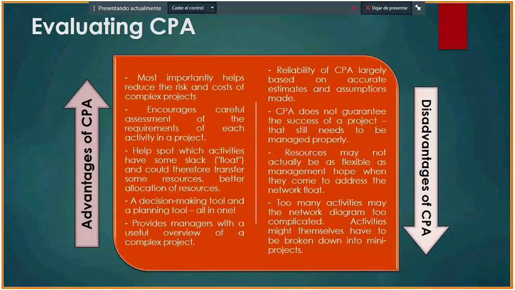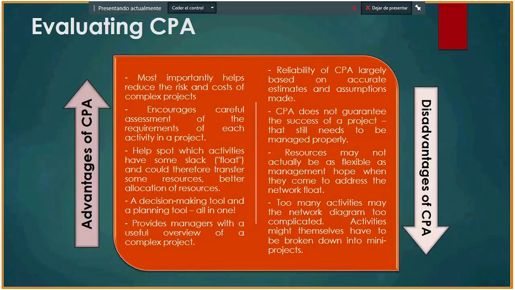It helps spot which activities have some slack or float, and could therefore transfer some resources, for better allocation of resources. It is a decision-making tool and a planning tool all in one, and provides managers with a useful overview of a complex project.